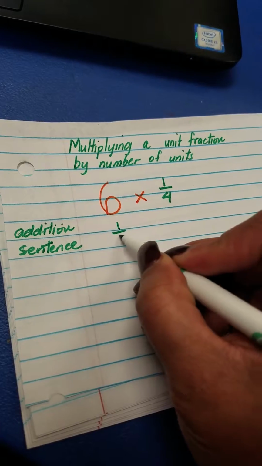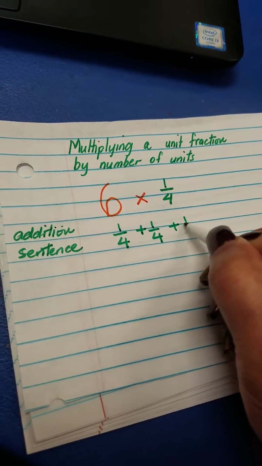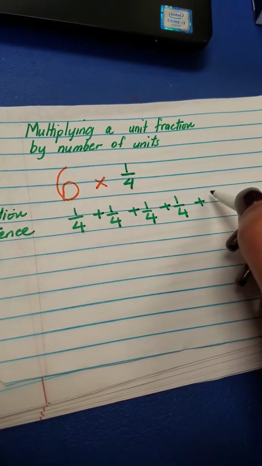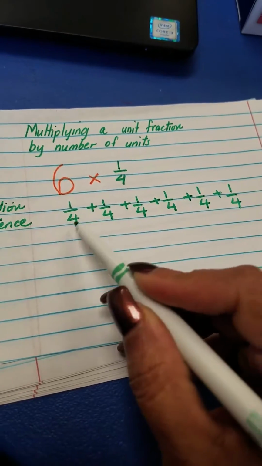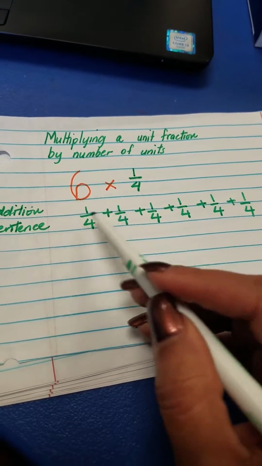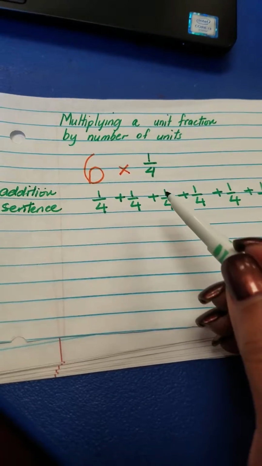So this would be represented as 1/4 plus 1/4 plus 1/4 plus 1/4 plus 1/4 plus 1/4. So I have 1, 2, 3, 4, 5, 6 of my number of units, and the unit fraction itself is 1/4.